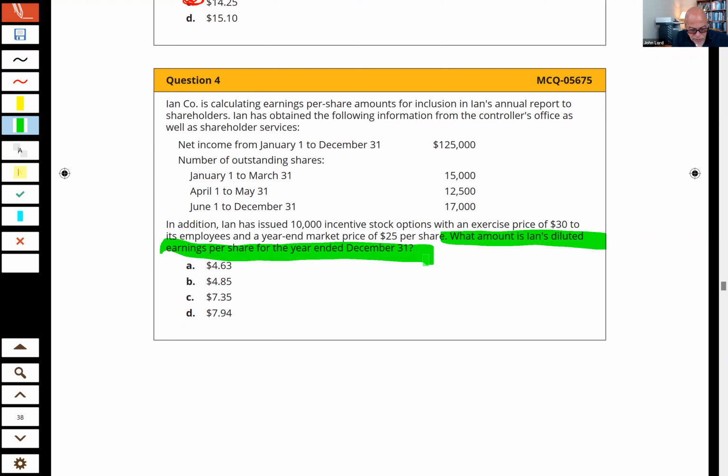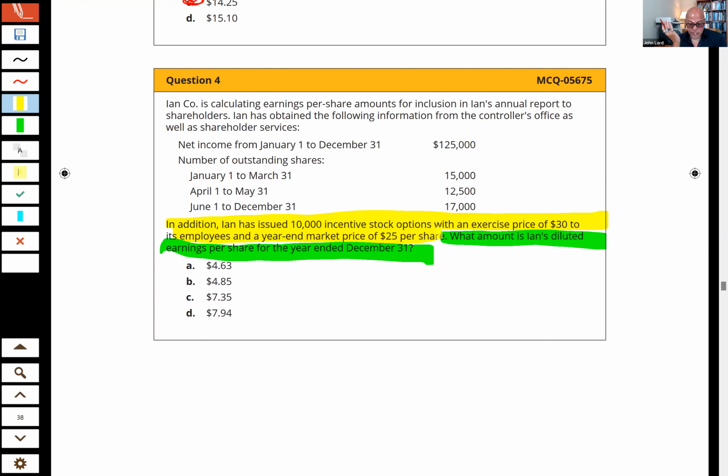So when you look at this, you're like, well, I guess they're asking me what would happen if these shares got converted, because this is the only conversion issue they're talking about in here. And maybe what threw some of you off, that was maybe taking a little longer, as I said, ignore the year-end market price. But if they don't give me anything but the year-end market price, then I have to go by that.